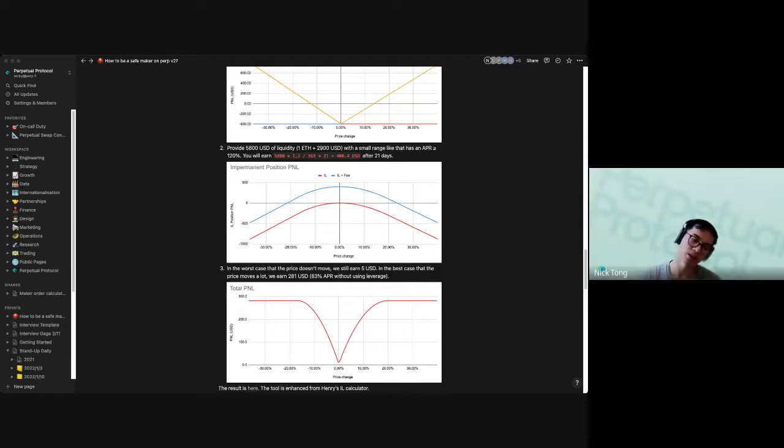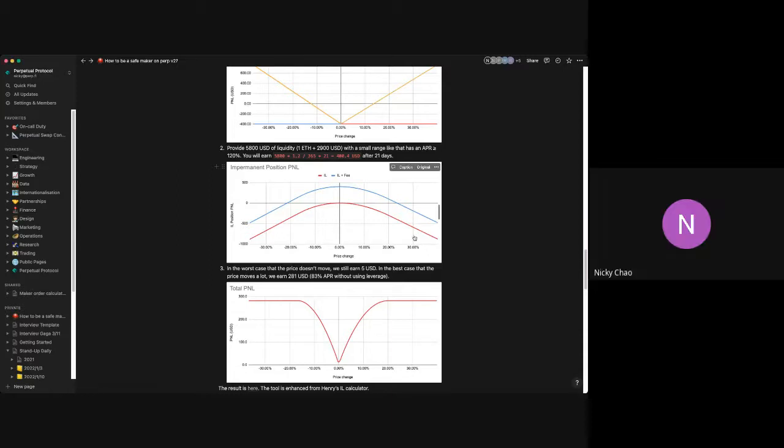I've got a question. Why is the P&L flat at a given point? Isn't it that past your range, your profitability should increase infinitely given it's a call and a put option? Yeah. Because you can see that if the price goes beyond the upper price you provide, you are basically shorting 1 ETH, right?